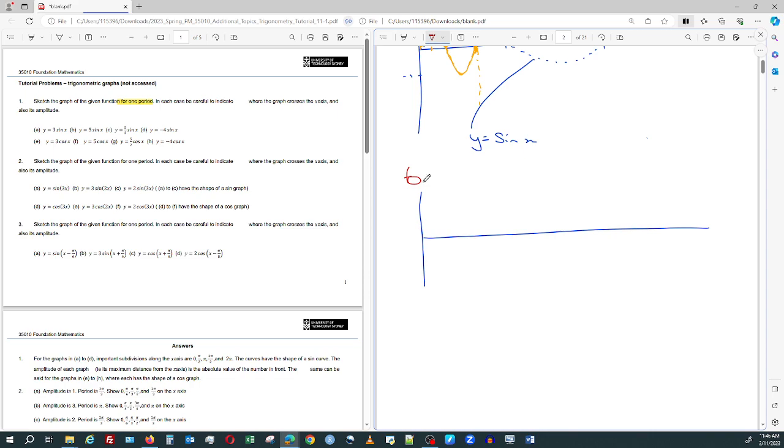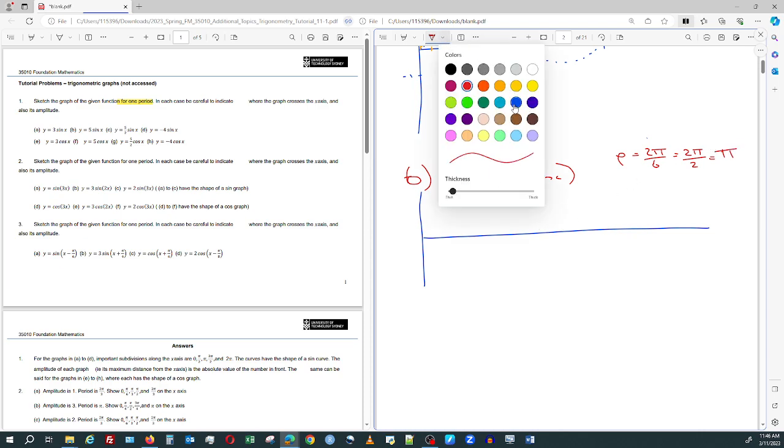So B is equal to y equals 3 sine 2x. So we've got a change here. The period is still equal to 2 pi on B, which will be 2 pi on 2, which is just pi. So it's going to be finished in a period of pi.